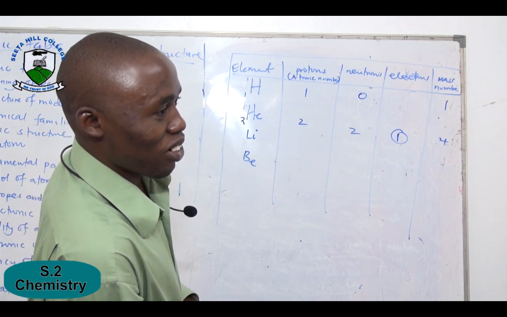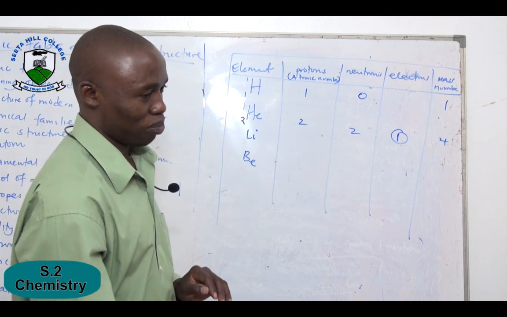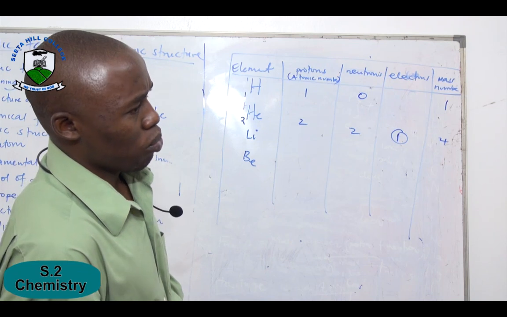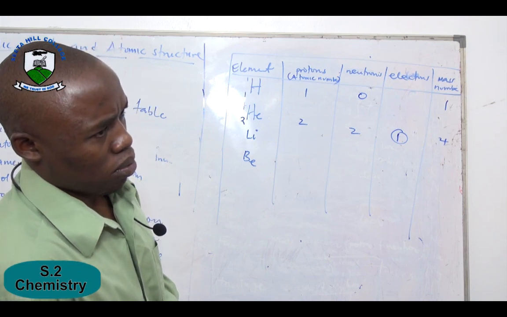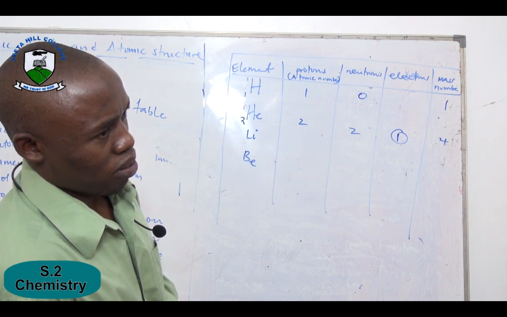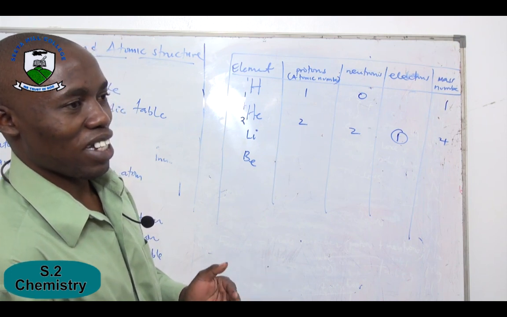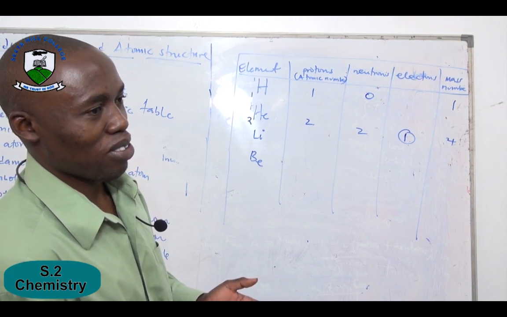That's really very, very fast. But let me ask you, is an atom neutral? Why is the atom neutral? Because it has both positive and negative charges. Now, if I have 2 positives and 3 negatives, am I neutral?